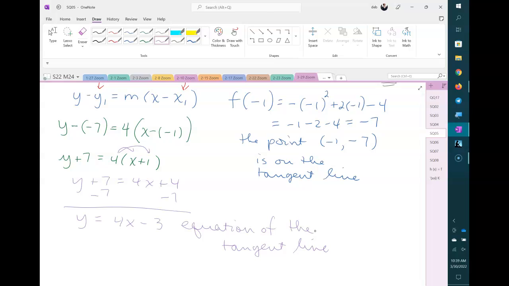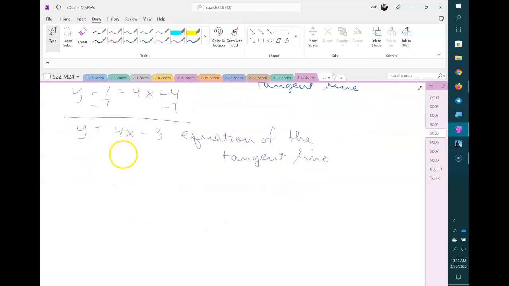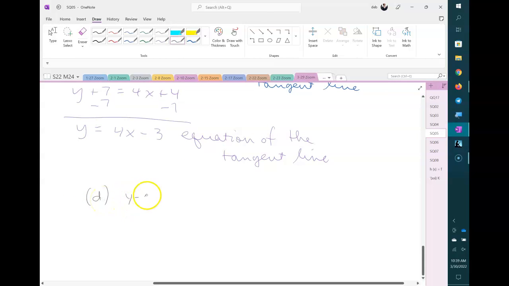Okay, so then c, I'll let you do that part working on Desmos and drawing the graph and looking at it. But d is asking you to compare the y coordinate on the tangent line when x equals negative 2, which we find by saying y equals 4 times negative 2 minus 3.